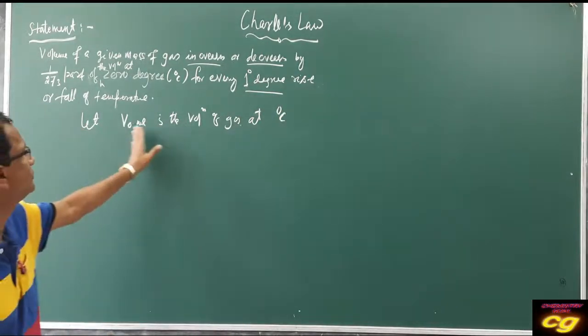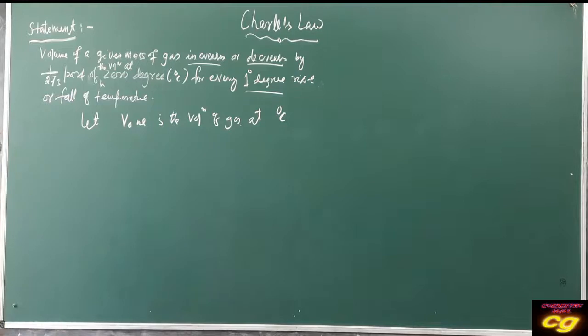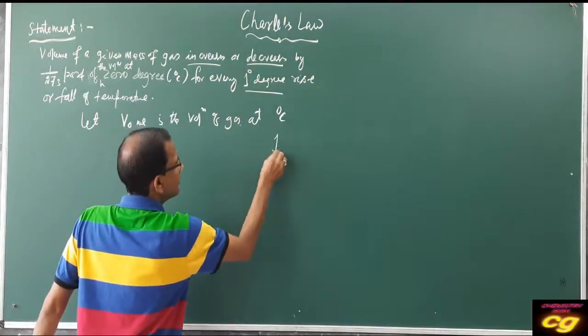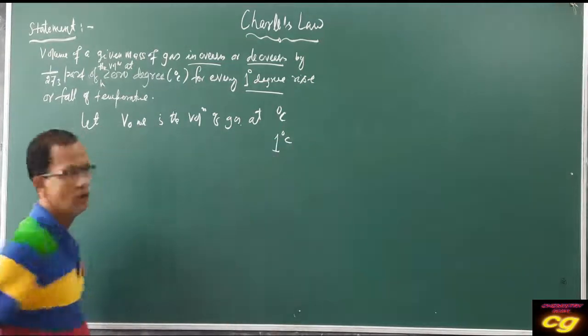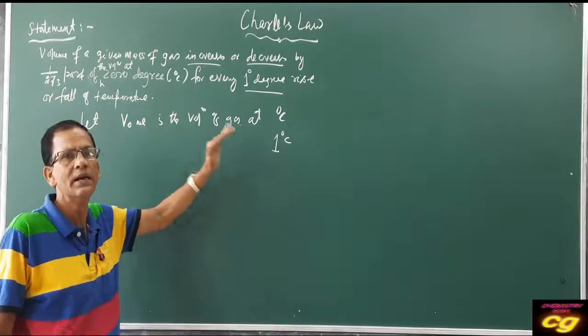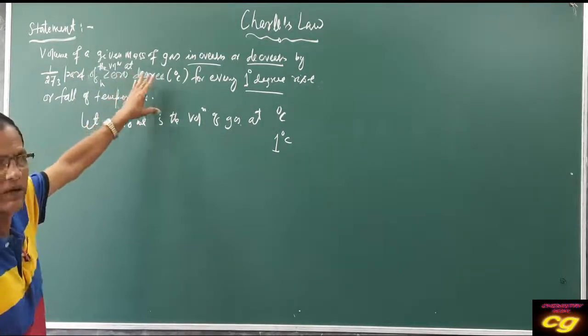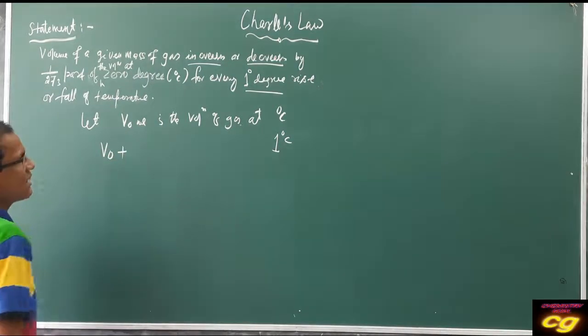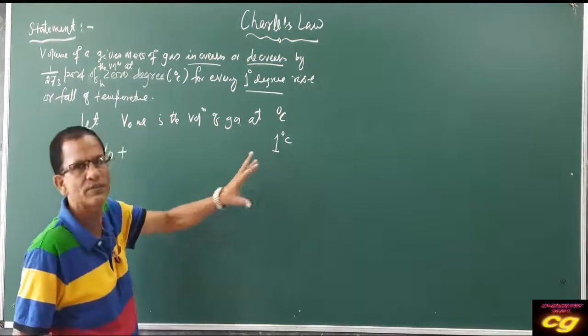What is the volume at 1 degree Celsius? For a 1 degree increase, as per the statement, initially it was V0, and as temperature increases the volume will increase.